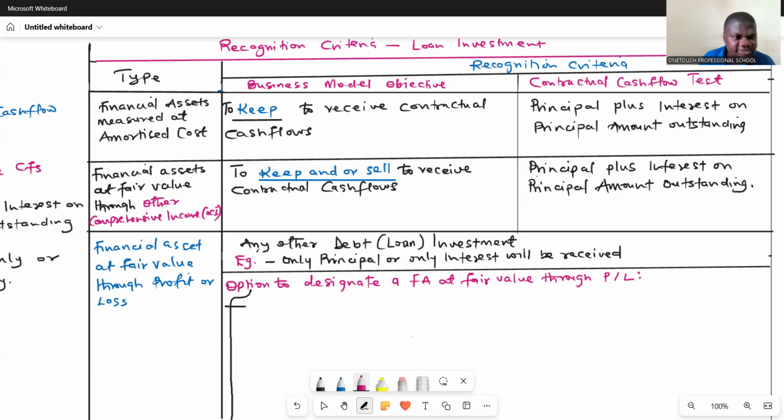The standard says that on initial recognition, the entity may by an irrevocable election opt to designate a financial asset at fair value through profit or loss, if doing so eliminates or reduces a measurement inconsistency, also known as accounting mismatch.